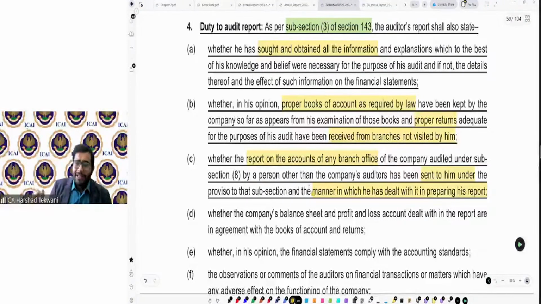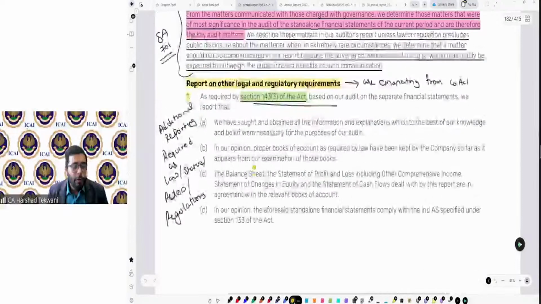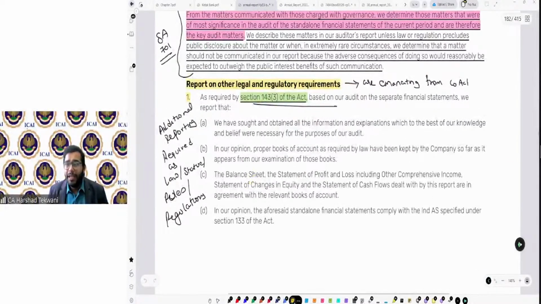Now, we have discussed the first 3 points. Let us see how they are reported in the audit report, with an example. So the first point was whether he has sought and obtained all the information and explanation which, to the best of his knowledge and belief, were necessary for the purpose of audit.